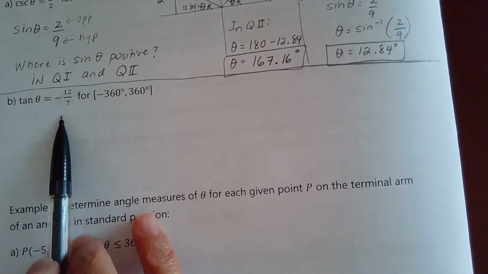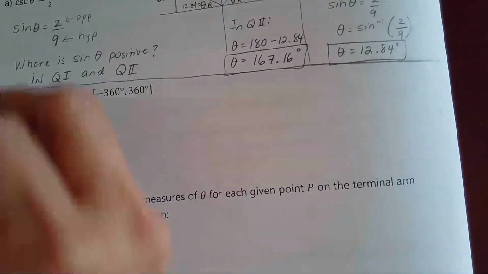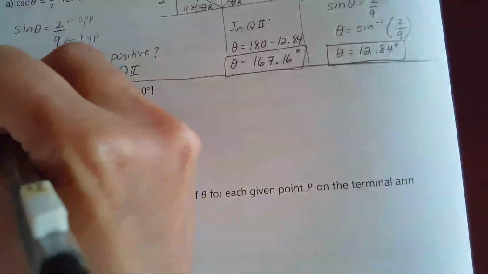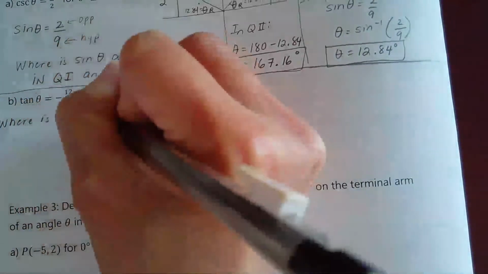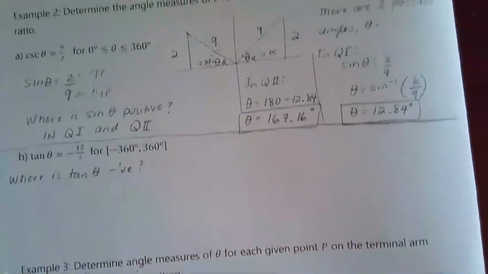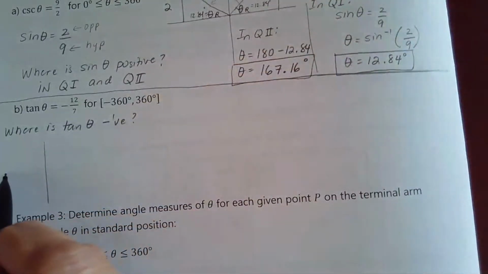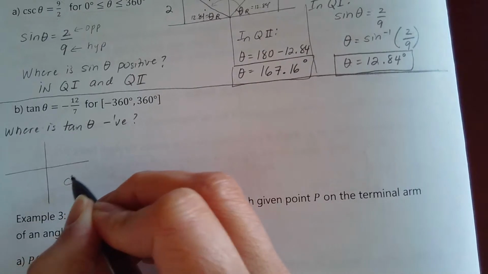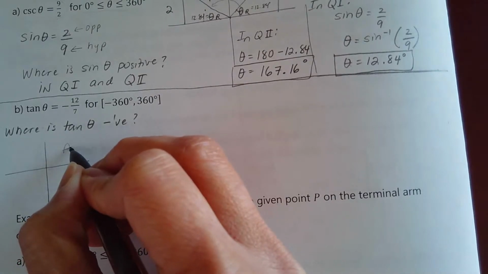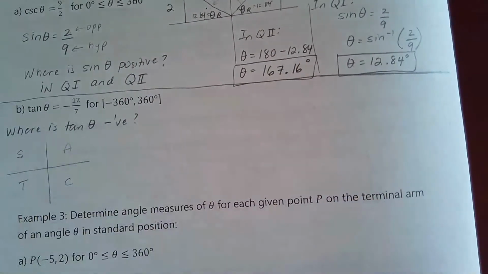negative 12 over 7. So the very first question that we're going to have is, where is tan theta negative? Where are CAST? So here, cos is positive, all is positive, only sine is positive, tan is positive.